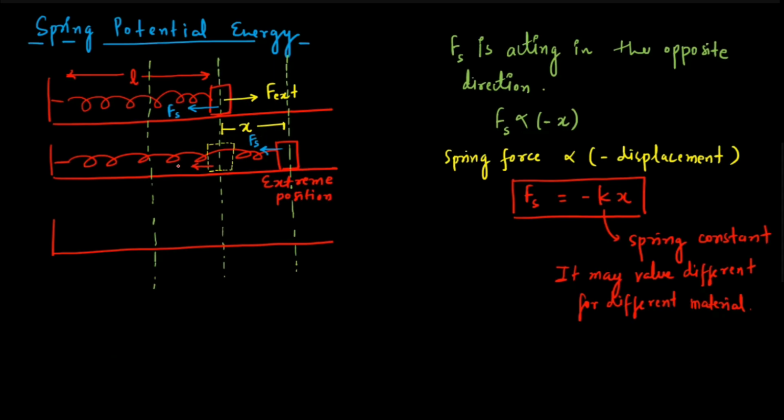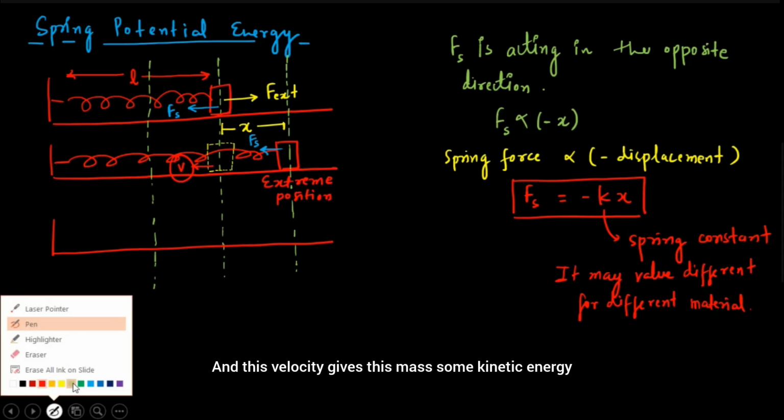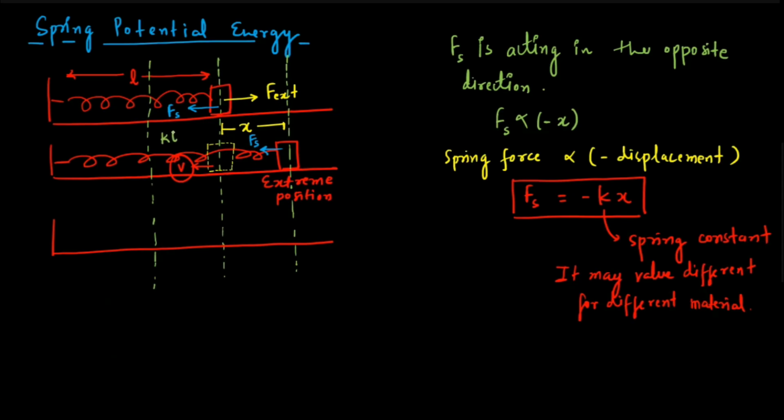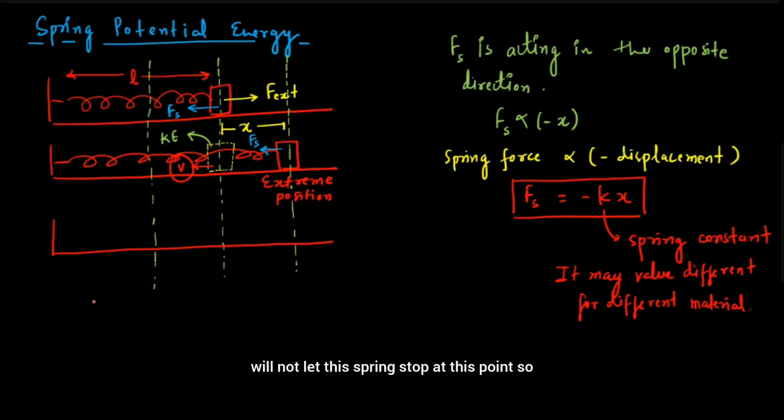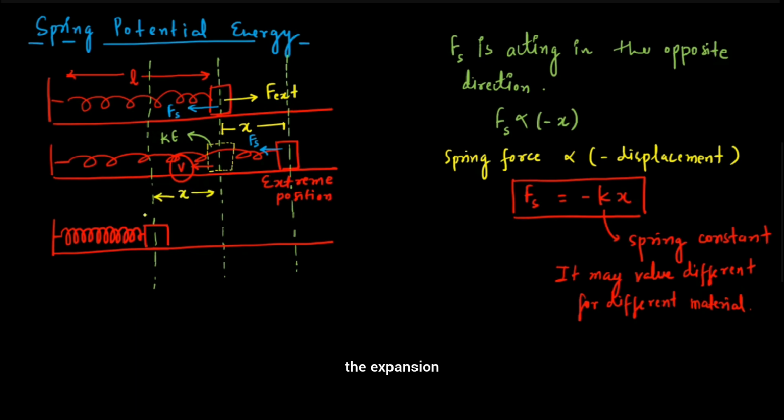This velocity gives this mass some kinetic energy, and that kinetic energy which this mass possesses at this position will not let this spring stop at this point. So what will happen? The spring compresses this time, and that compression is also the same as that of the expansion.